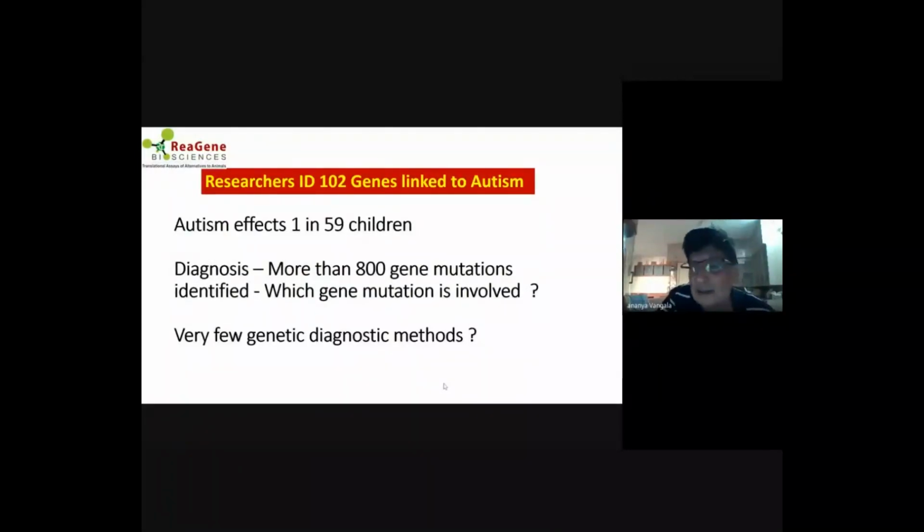And in recent years, with exosome and endosome gene sequencing technologies, they identified about 800 gene mutations responsible for the autism. So how are you going to diagnose autism with the genetic technologies? It's a big question. Same thing with diabetes today, that we have more than 200 gene mutations identified in type 2 diabetes. So that's why it's becoming very difficult to treat every patient.